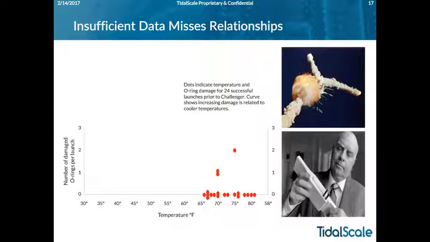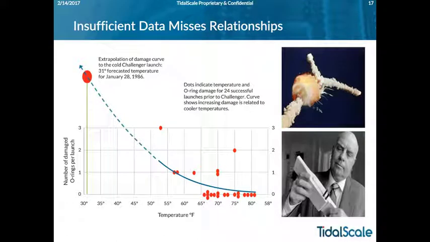But what isn't questioned anymore is if you have enough data, if they had really looked at and had the time to look at this, they would have seen that launches and tests in colder temperatures had a higher risk of failure, right, because of the damage to the O-rings that was being detected.